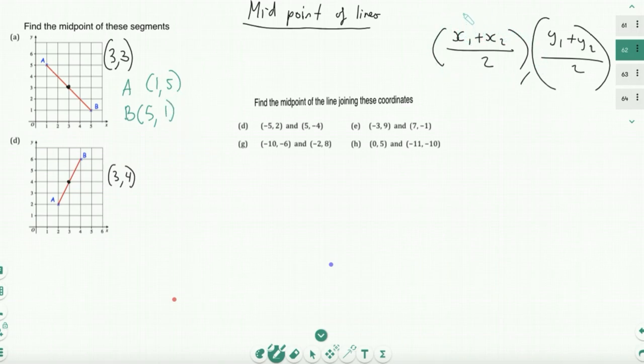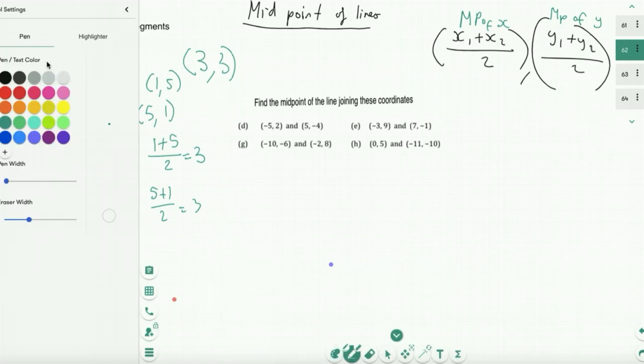To find the x coordinate of the midpoint, we add up the x coordinates, so 1 plus 5, and divide by 2. 1 plus 5 is 6, divided by 2 is 3. So the x midpoint is 3, and to find the midpoint of y, we do the same thing. We add up the y coordinates, so 5 and 1, and divide by 2, which is 3. So the midpoint's 3, 3.